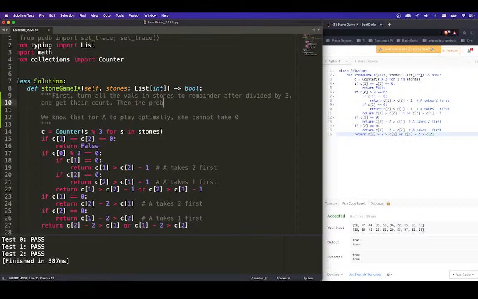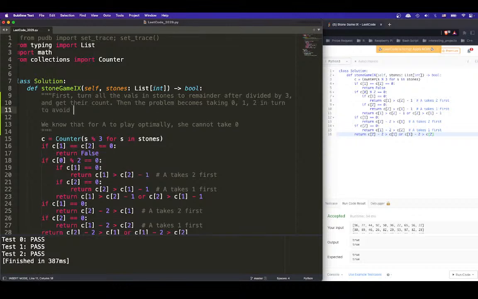Then the problem becomes taking 0, 1, 2 in turn to avoid coming to a multiple of 3.